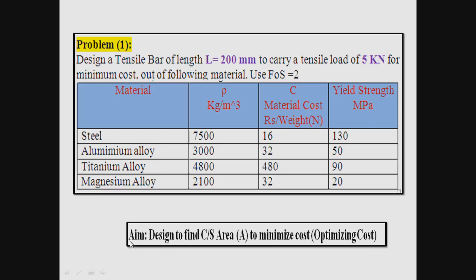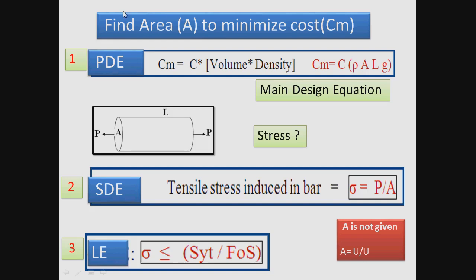So our main aim is to design the tensile bar, that means to find its cross sectional area by minimizing the cost.